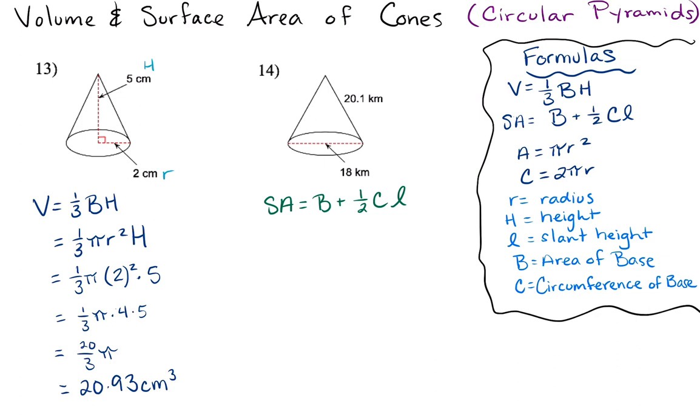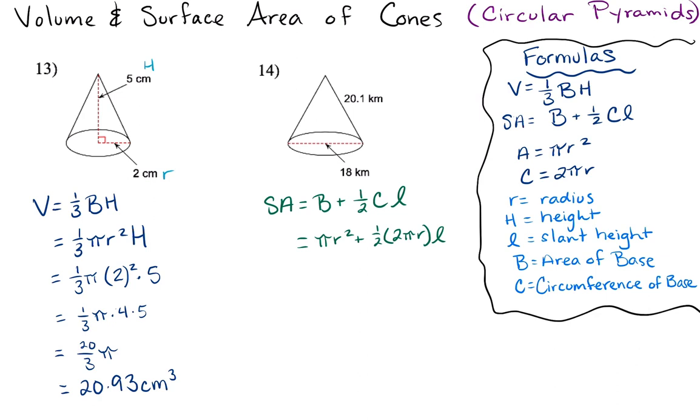Since the base is a circle, we're going to use the area formula for a circle. And the circumference, we're going to replace with the circumference formula for a circle. So B is represented with pi r squared, plus 1/2 times 2 pi r times the length of the slant height.